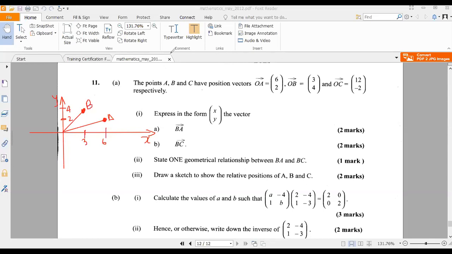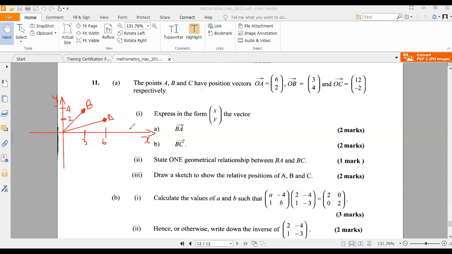Then the last one we are going to do. The next one we are going to do is this. It's 12 and 6. 12 and -2.